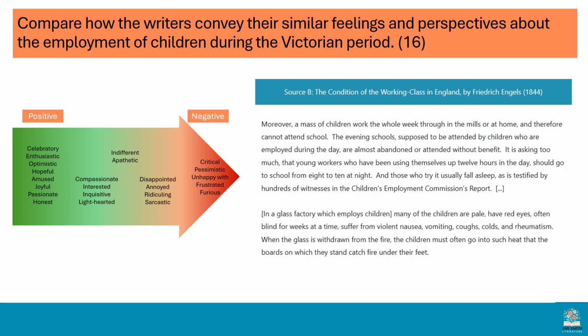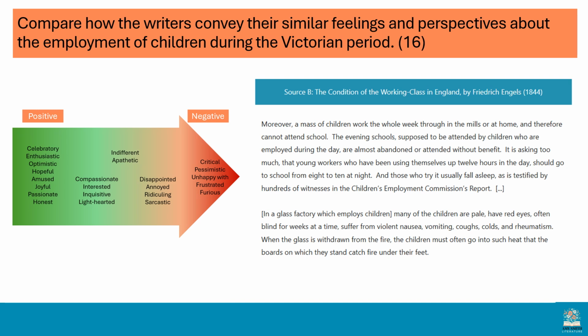So let's read. Moreover, a mass of children work the whole week through in mills or at home, and therefore cannot attend school. Evening schools, supposed to be attended by children who are employed during the day, are almost abandoned or attended without benefit. It is asking too much that young workers who have been using themselves up 12 hours in the day should go to school from 8 to 10 at night.